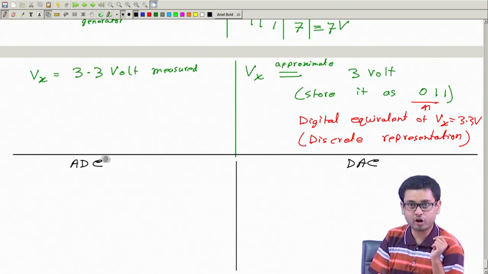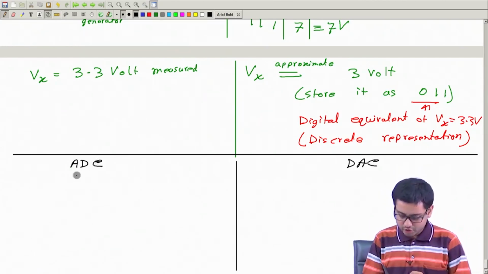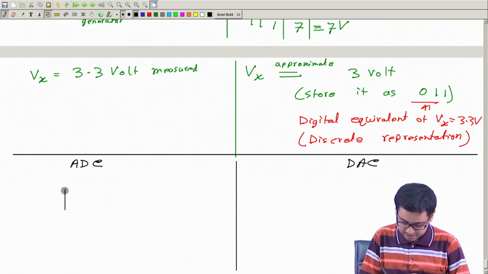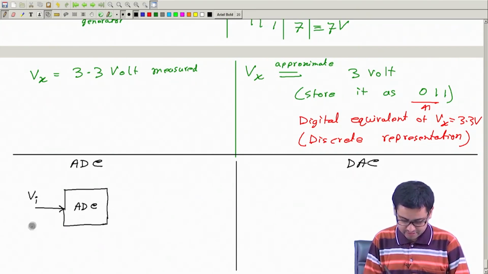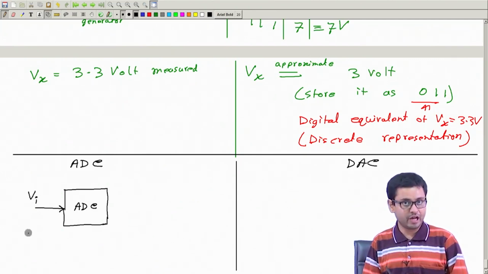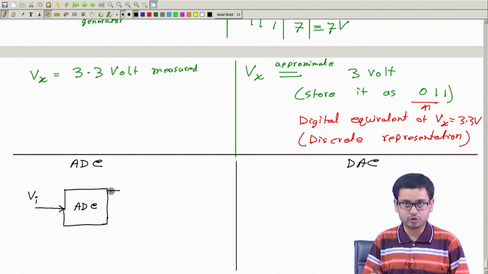Analog to digital converter. If I draw it as a black box, the ADC will take an analog voltage Vi, which can take any value, and it will give a digital output.